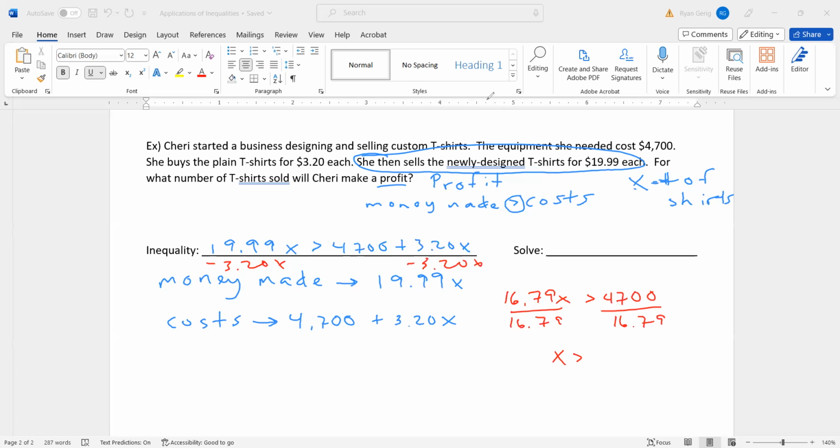So 4,700 divided by 16.79, 279.9. What is the first whole number that makes that true? So 280 would be the first number that makes that true.